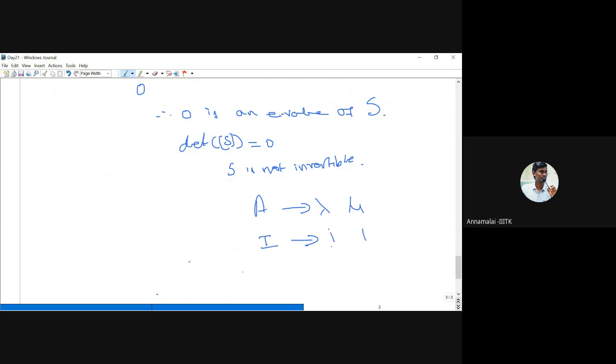Now the eigenvalues of I plus A are 1 plus lambda and 1 plus mu. If you want the eigenvalues of I plus A square, first find the eigenvalues of A square, which are lambda square and mu square. Therefore, the eigenvalues of I plus A square are 1 plus lambda square and 1 plus mu square. That is the idea.